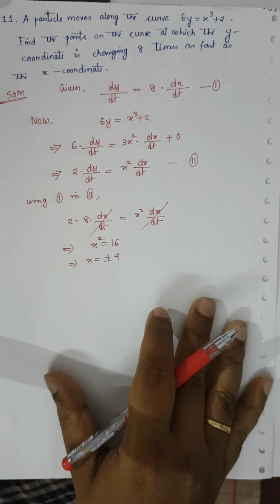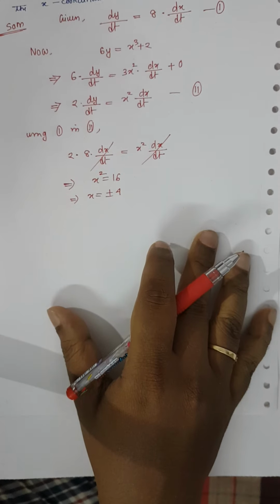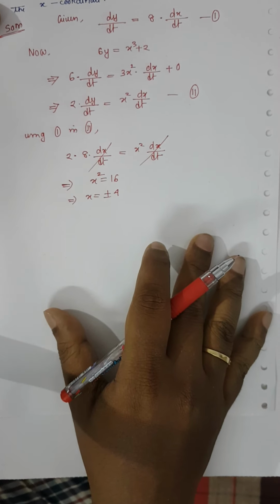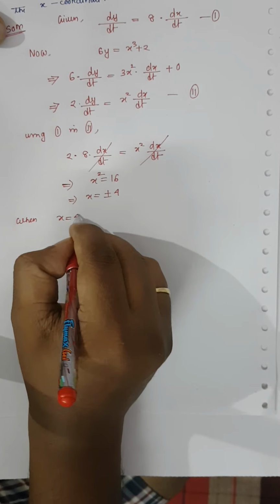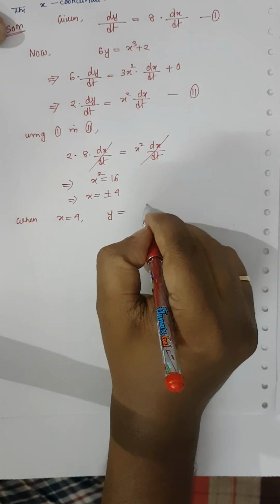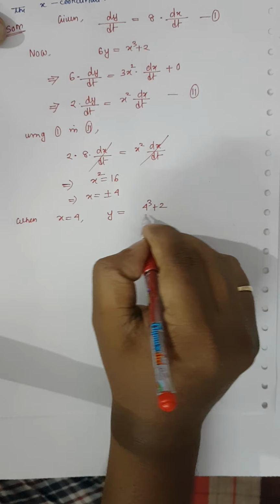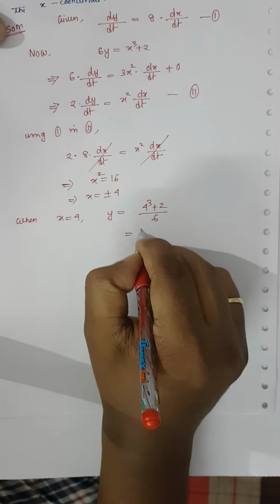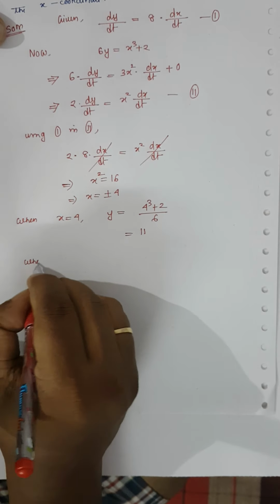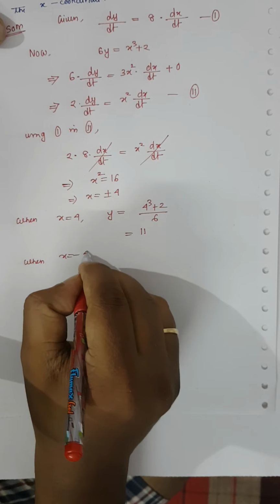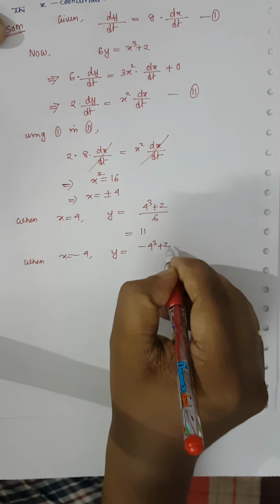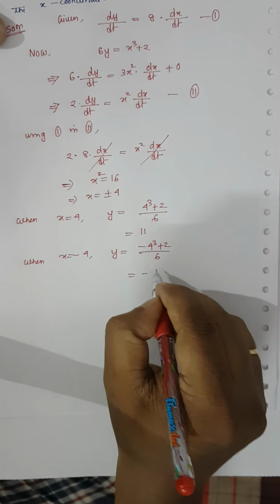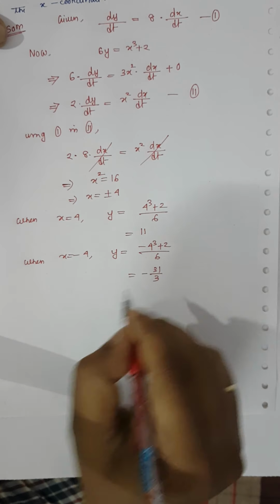So the x coordinate has two values, either plus 4 or minus 4. So when x equal to 4, the value of y will be (4 cube plus 2) by 6, that is 11. And when x equal to minus 4, the value of y will be (minus 4 cube plus 2) by 6, that is minus 31 by 3.